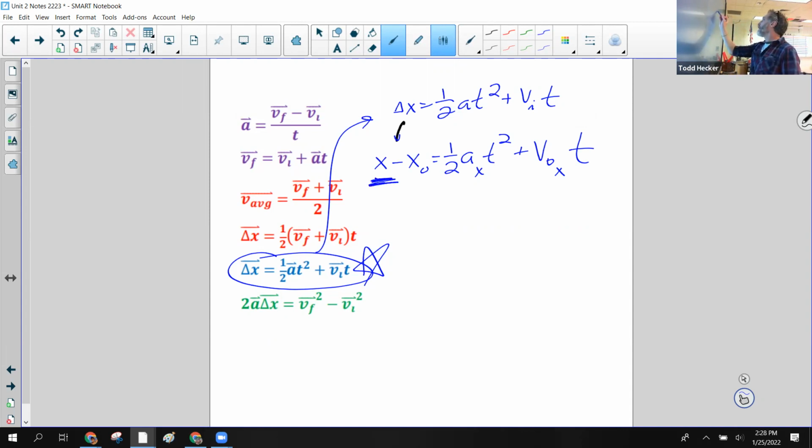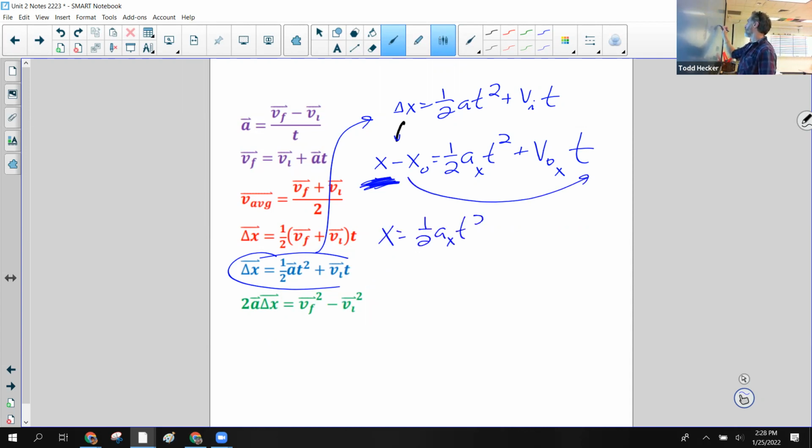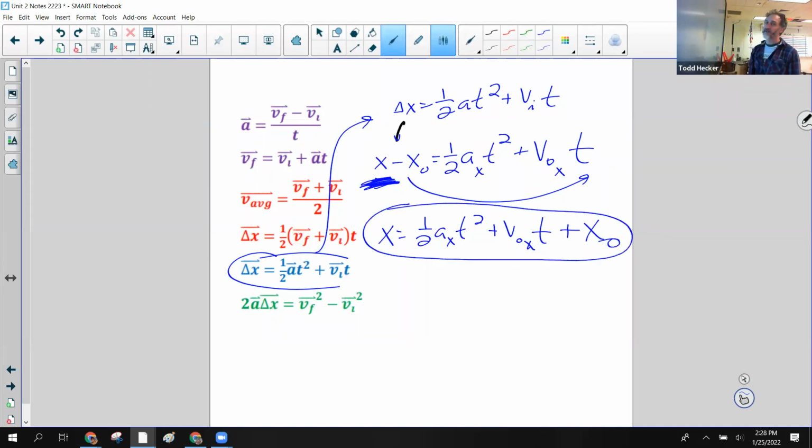So if we rearrange this equation for x by adding x naught to both sides, you get x equals 1/2 acceleration times time squared plus initial velocity times time plus initial position. And this is actually the equation that's on the AP equation sheet. We're actually going to use this equation in a minute.